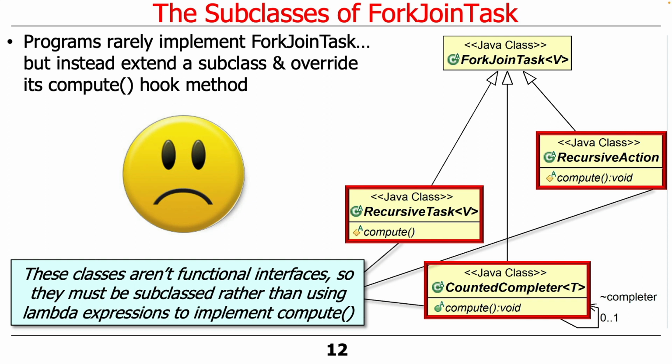The whole framework is not a functional framework. And therefore, if you want to use these classes, in particular RecursiveTask and RecursiveAction, or ForkJoinTask for that matter, you need to subclass them using white box reuse techniques and then override the compute method, rather than passing in a behavior. So just always keep that in mind, that under the hood, there are some things going on here that make it a little bit harder to program.